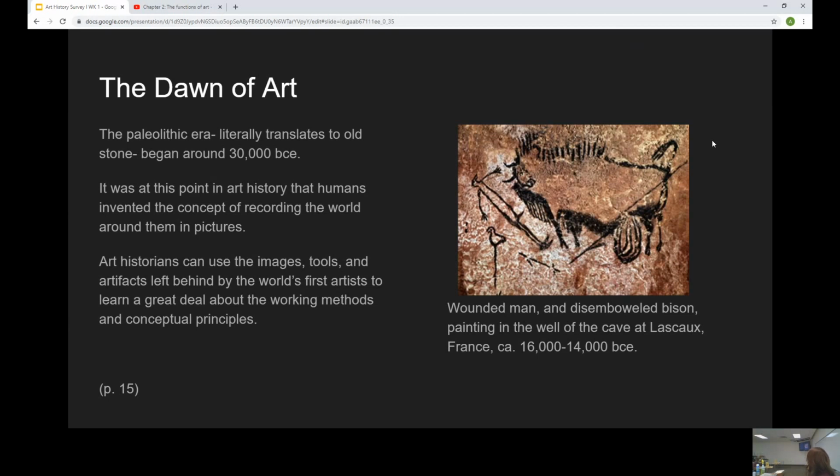If you remember in your art appreciation book, it's a very different time than what your art history textbook argues. So everyone has their own opinion for it. Your art appreciation book argues that it was around 70,000 BCE. Your art history textbook states it's around 30,000 BCE. So a big difference.